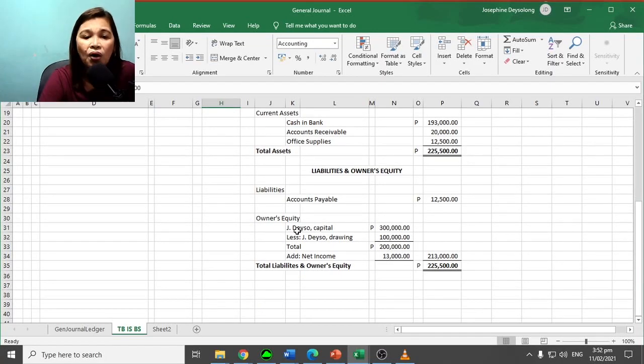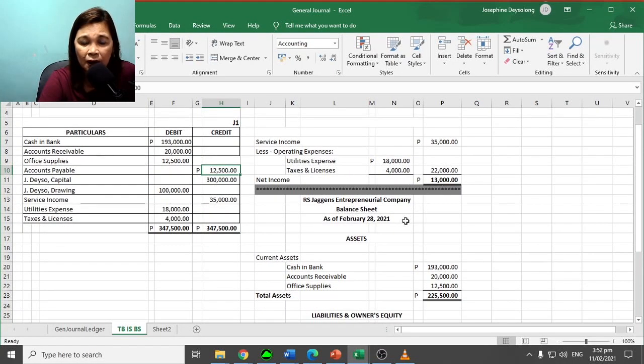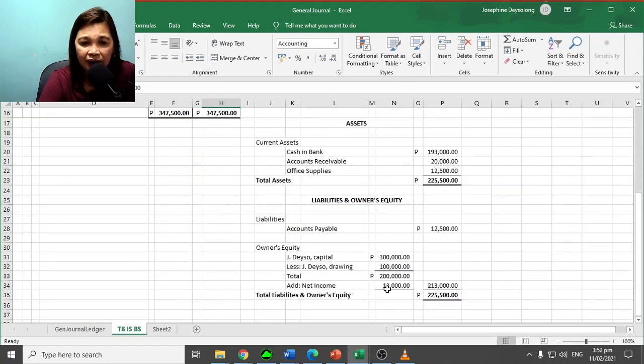So again, owner's equity, J Dayso capital, 300,000. I have it in another column because I still have to deduct the drawing. So 300,000 minus 100,000, that is my total net capital, 200,000. And I add net income, which is from the income statement on top, 13,000. And 200,000 plus 13,000 makes it 213,000.